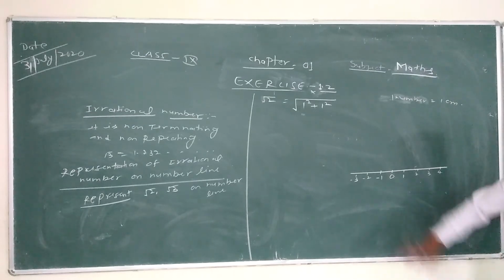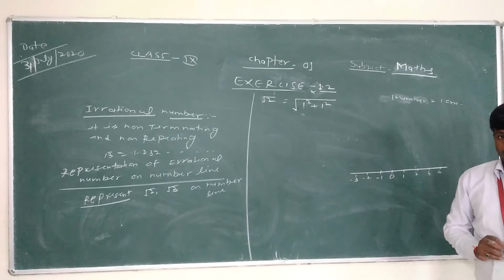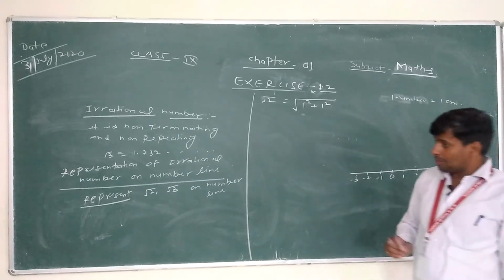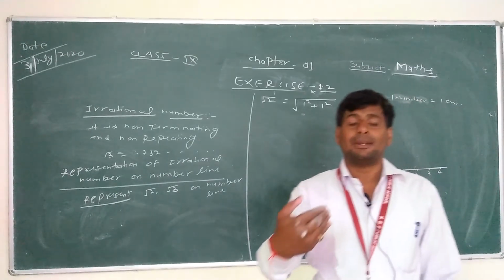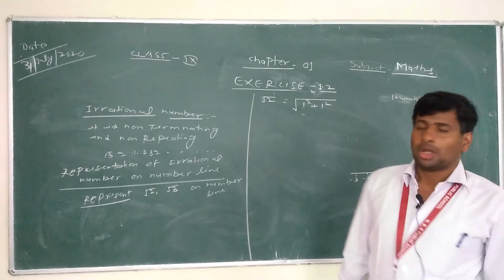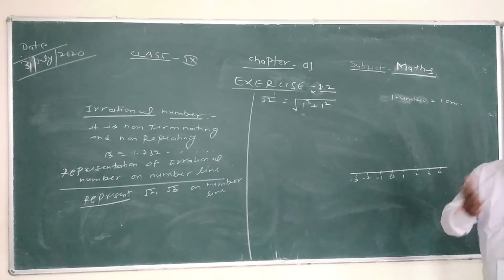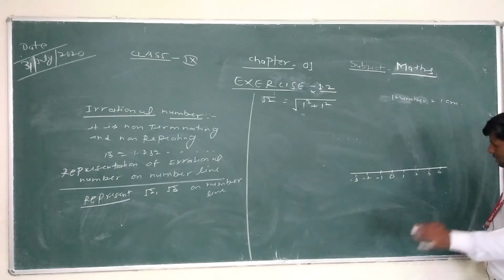That's clear? What is the base? Because all of you know about Pythagoras theorem, and Pythagoras theorem can be applicable on right angle triangle. According to Pythagoras theorem, hypotenuse square equal to base square plus perpendicular square.